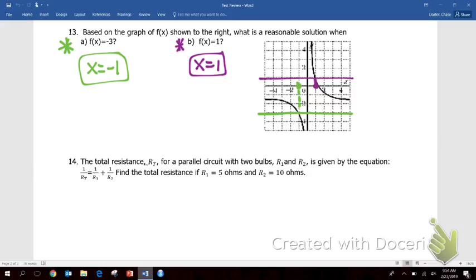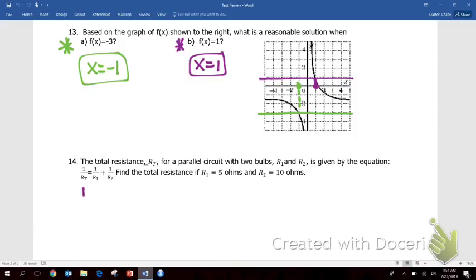So moving on to 14. 14 is our only word problem. We have one that looks pretty similar to this on the test. So the total resistance for a parallel circuit with two bulbs, R1 and R2, is given by the equation 1 over total resistance equals 1 over the first resistance plus 1 over the second resistance. It's asking me to find the total resistance in the circuit if the first resistor has a resistance of 5 and the second resistor has a resistance of 10.